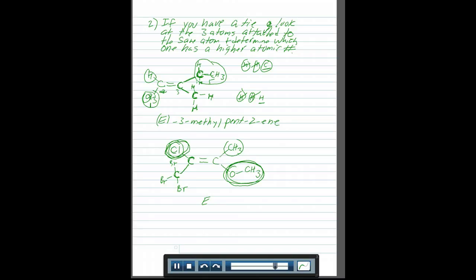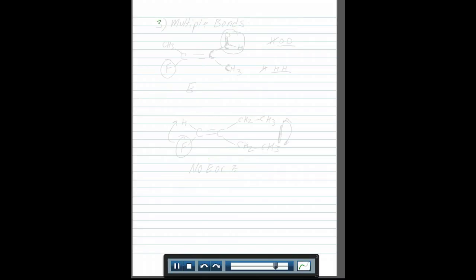Okay? Now, what happens if you have multiple bonds? What if you have a triple bond or double bond to oxygens? All right, what happens? So let me show you. I'll give you an example. Like what if you have a carbon? Let's say you have an aldehyde group.